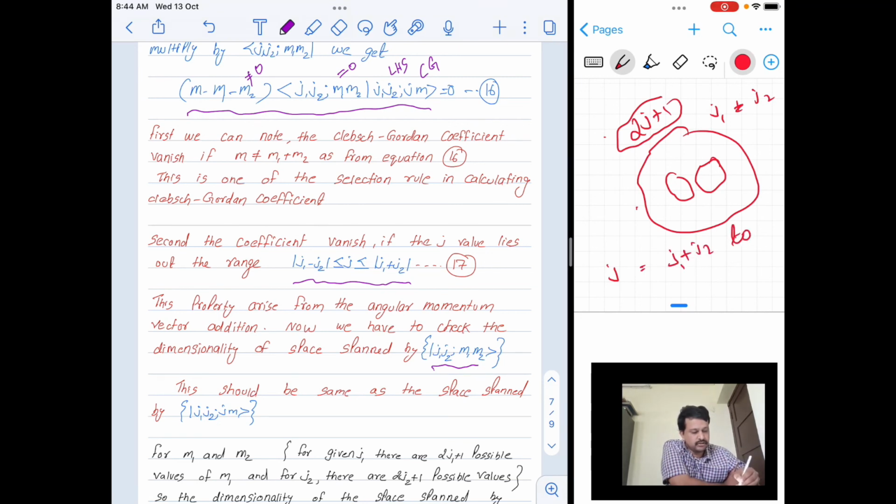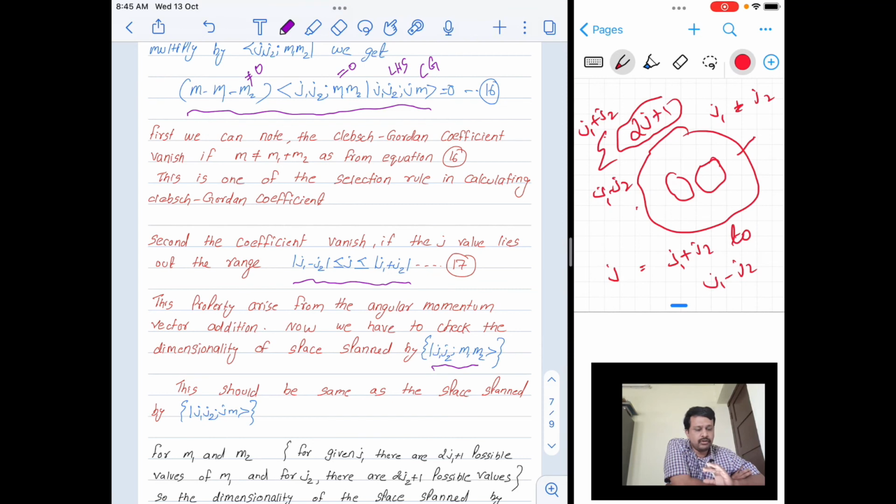So I have to include all these values, and the total should be a summation over J from J1 minus J2 to J1 plus J2 of 2J plus 1. That is the dimensionality if I take the entire system.